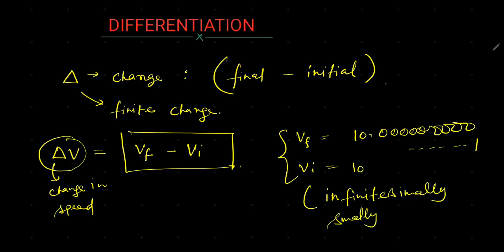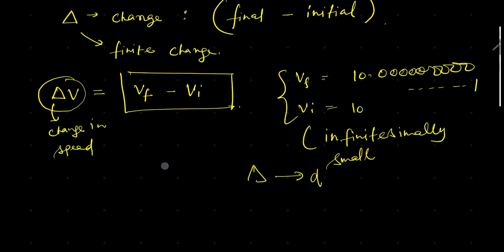For such types of changes where the difference is infinitesimally small, we do not use delta, but instead of delta we write d. Cool. Delta we use when there are finite changes and we have confidence over that thing.